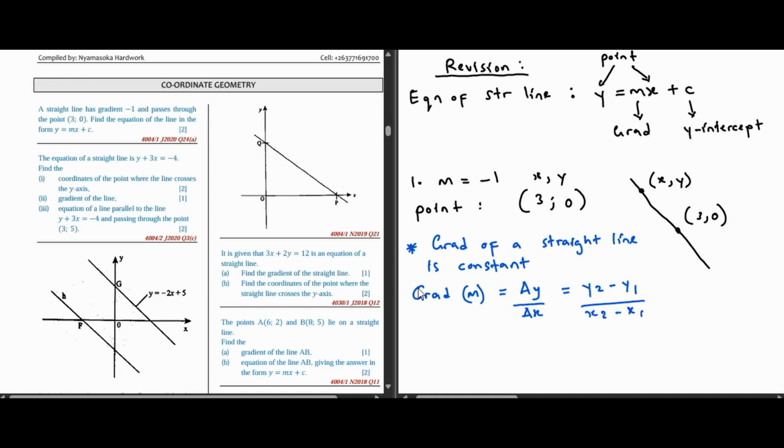We also said that when finding the gradient, it is important to note which point is x1, y1 and which is x2, y2. This is important because if we interchange them, we don't get the correct gradient. So let us apply that.